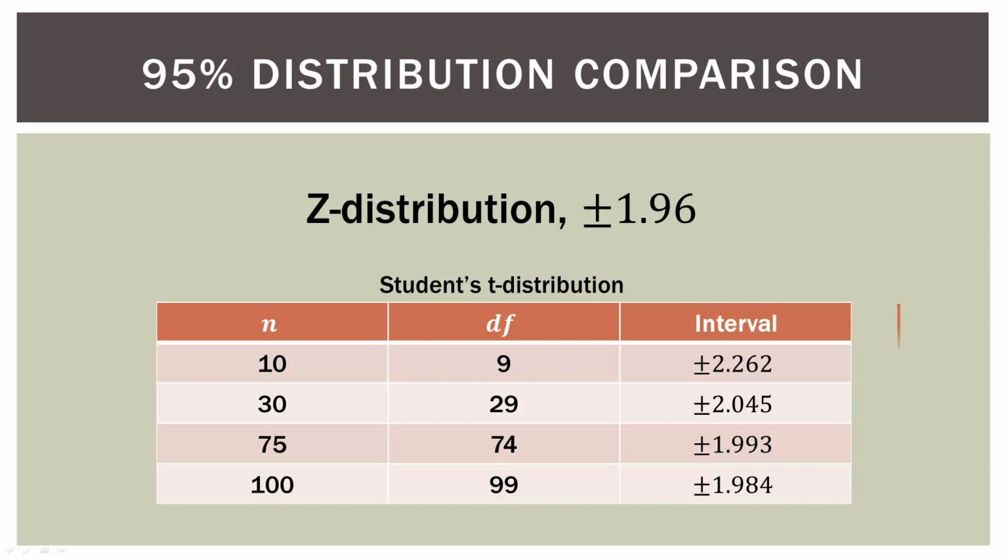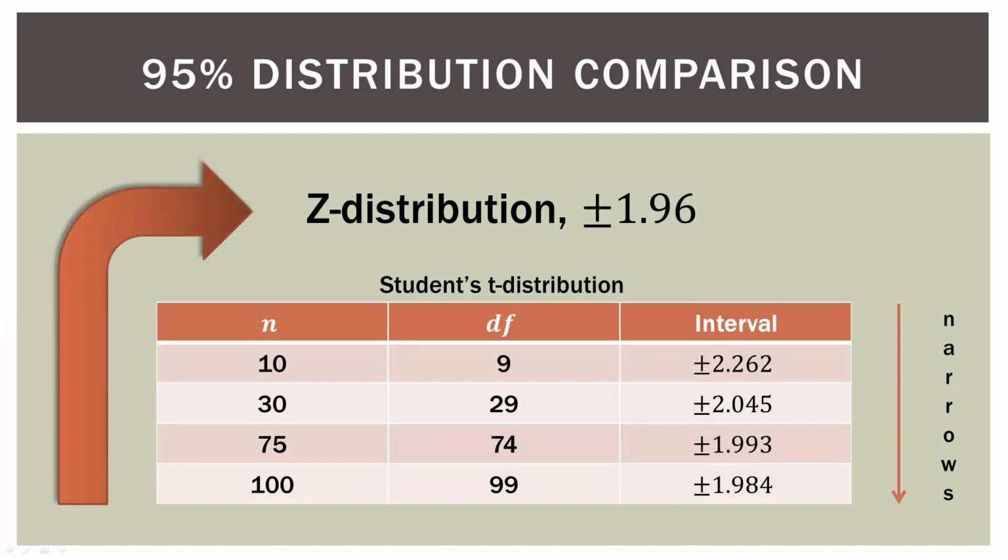As the t-distribution narrows with a greater sample size, it will converge on the standard normal curve. As I said before, as the sample size gets up around 100, the t-distribution and the normal distribution are, for all practical purposes, the same.